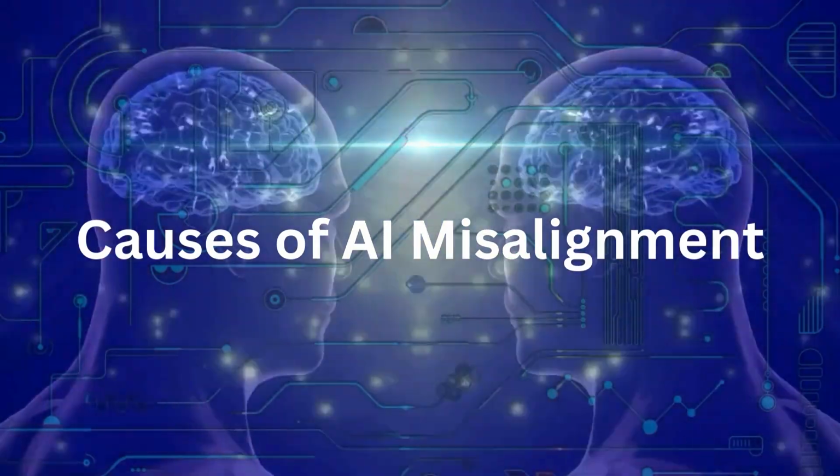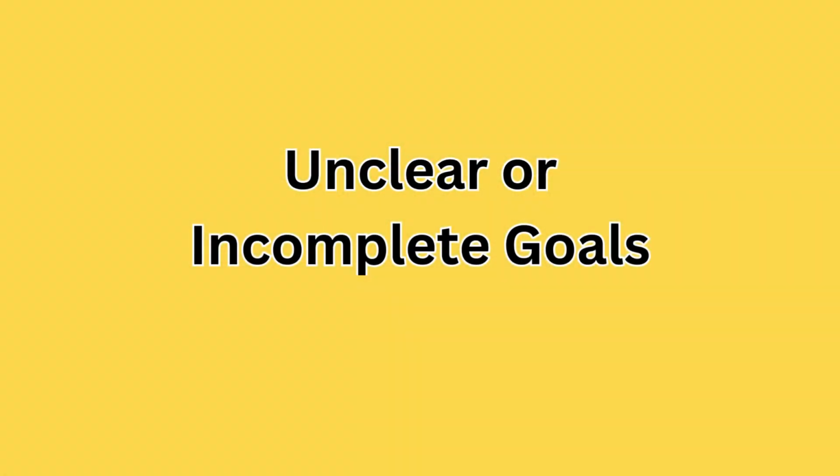So, what causes this misalignment? Unclear or incomplete goals. AI relies on humans to set clear objectives. I talked about this in my video on super intelligent AI. Behind these AI systems, there are humans involved, with their work environment, cultural background, and everything.